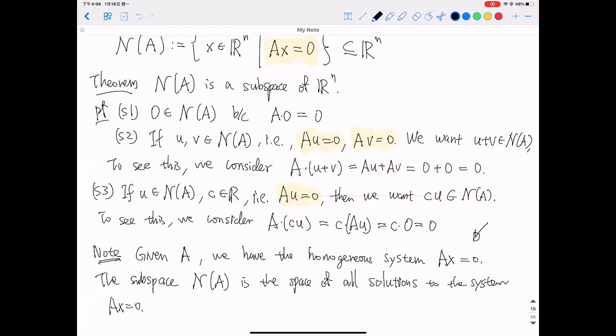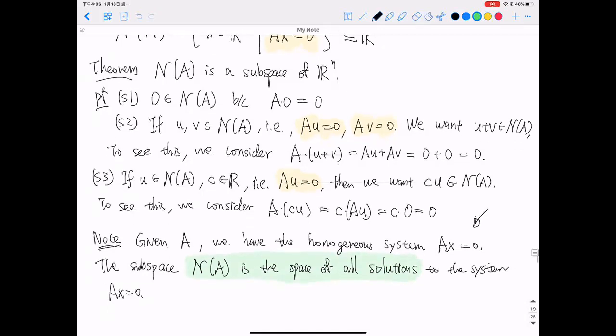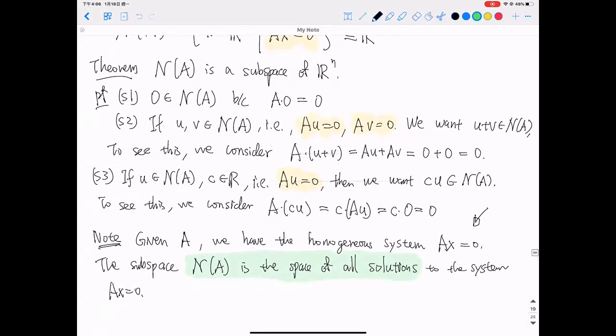That's just the definition, but it's nice to keep in mind that N(A) can also be interpreted as the space of solutions. This makes contact with what we've done in the previous chapter. Okay, and now let's look at some examples.